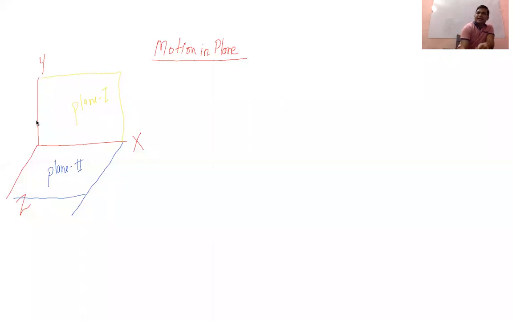You can make it a plane like this. This will be plane 3. So plane 1 includes the X and Y axes, plane 2 includes the X and Z axes, and plane 3 includes the Y and Z axes.